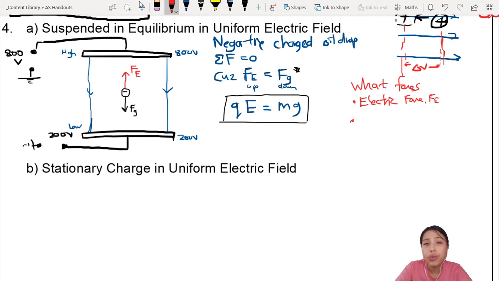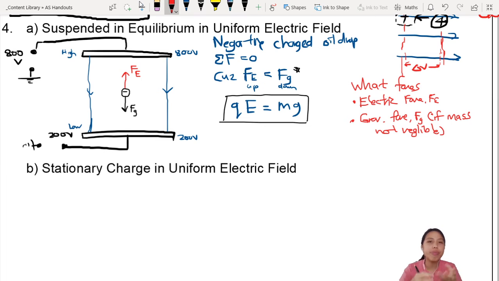Then, if you are heavy enough, you may experience gravitational force, so if your mass is not negligible. For electrons and protons, the mass is so small it's negligible, so we don't consider them to experience such a big gravitational force. But if it's oil drops like this one, or a charged tennis ball, a charged ping pong ball, all these other objects where the mass is not negligible, then yes, you have to consider gravitational force.